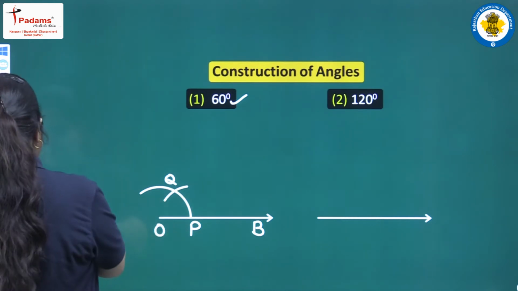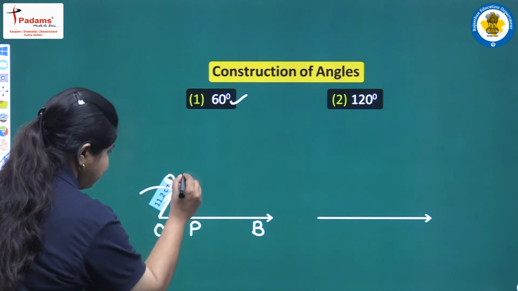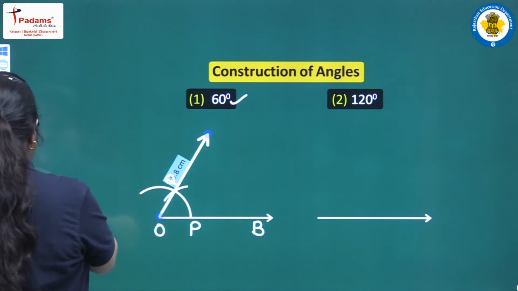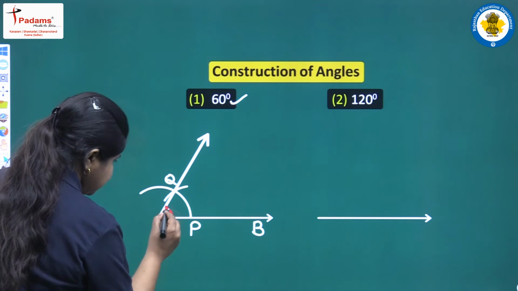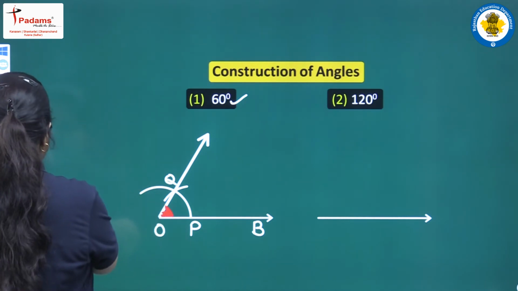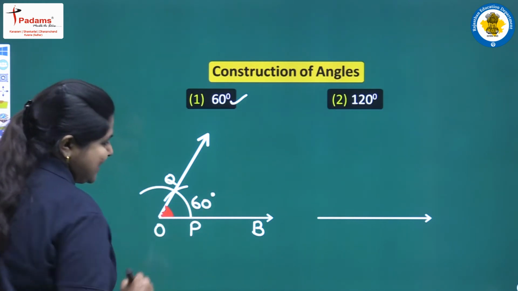Now simply join these 2 points OQ in this way, and then we get this angle measuring 60 degree. This is of measure 60 degree.